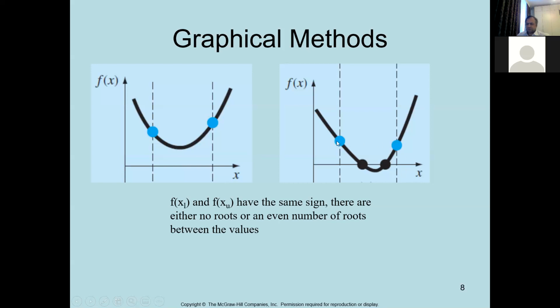But here the upper and lower limits are both positive. However, there are still exceptions to this rule as well. So whether the odd number of roots or the even number of roots, there are some exceptions.